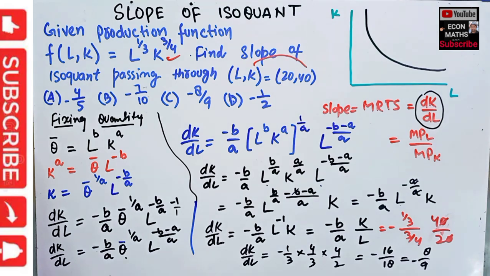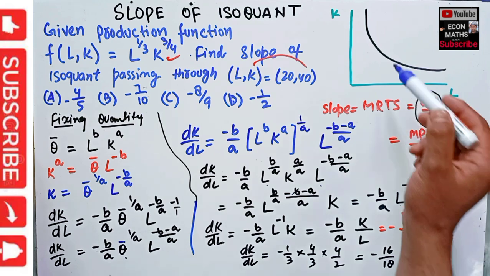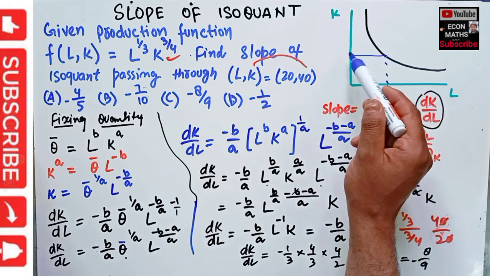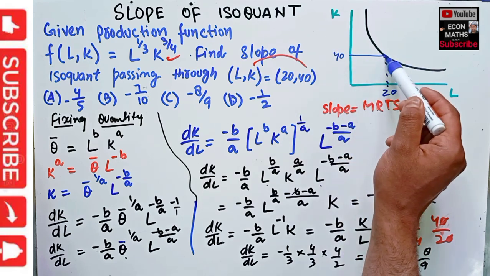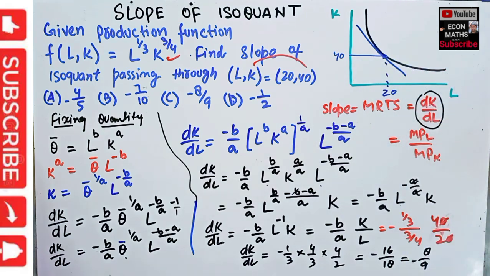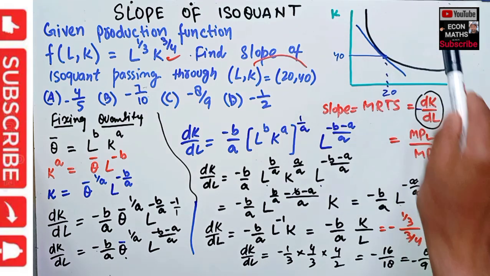That means the slope of the isoquant will be, let us say we have here L is 20, K is 40. At this point the slope of this isoquant is minus 8 divided by 9, and this minus sign actually shows us, MRTS is minus dk upon dl, which shows we have what we call a negative slope, or our isoquant is downward sloping.